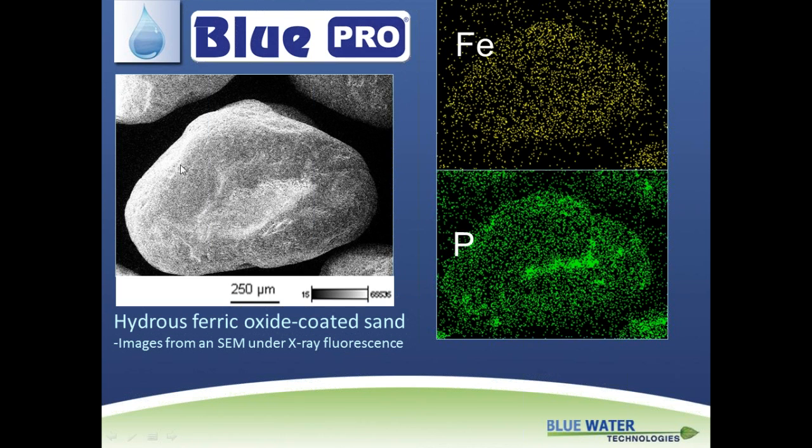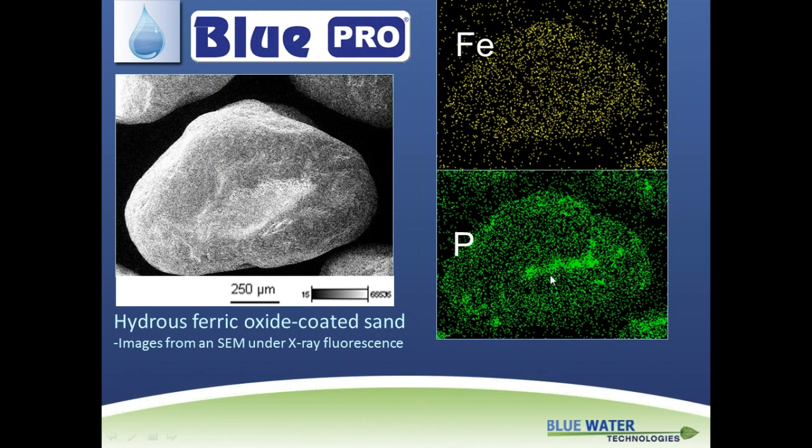So over the entire surface of this media, and this is why we use a scanning electron microscope for this, we can, under X-ray fluorescence, view that coating. So it's got a coating of ferric hydroxide on it, and that coating is very adsorptive to a variety of different constituents that may be in the water. I have phosphorus here.